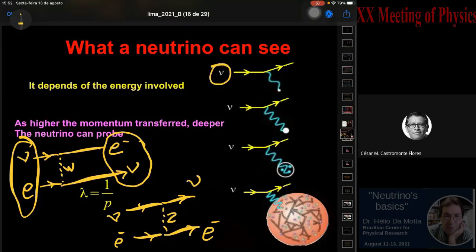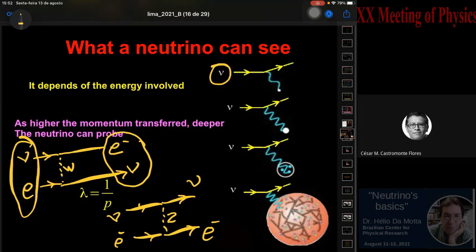Depending on whether it has much energy, the neutrino will interact only with the whole thing. But to start going into the atom, and then into the nucleus of the atom, and then into the proton, going straight to a quark inside the proton, requires more and more and more energy. The more energy, the more able to do.